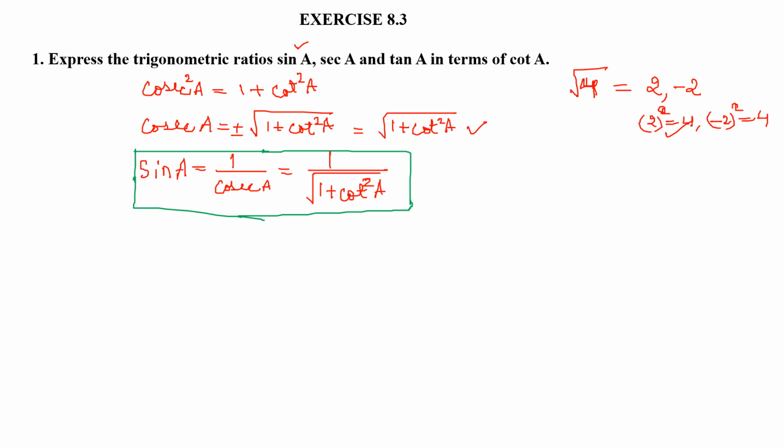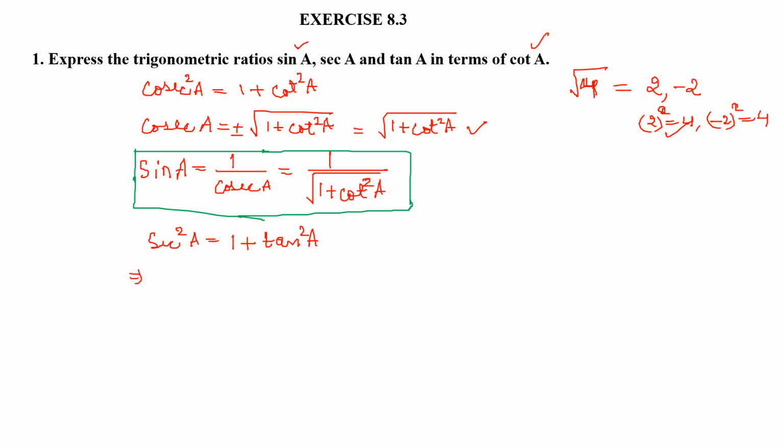So let's write it. Sec square A is equal to 1 plus tan square A. Now here I am getting the relation of sec with respect to tan. But what I have to do is find it with respect to cot. But we know that tan and cot are reciprocals, isn't it? Tan I can write as the reciprocal of cot.